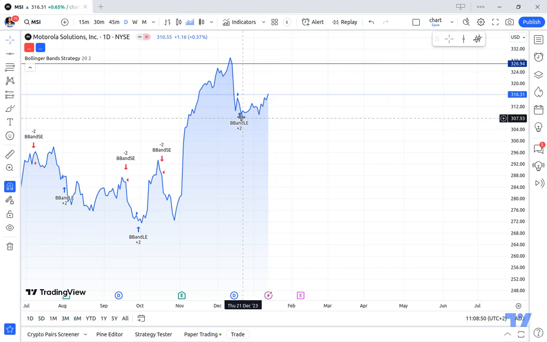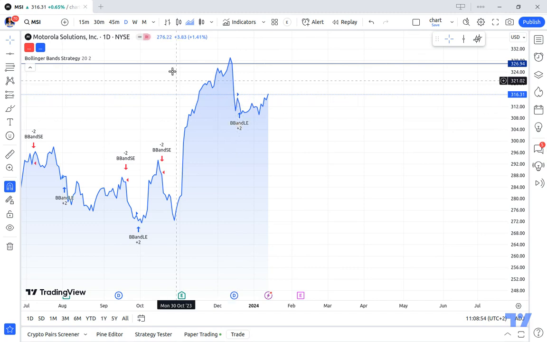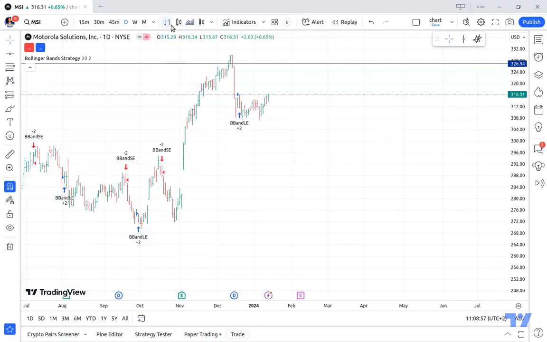You can see the stock for Motorola is actually going to go up there. So Motorola is also a good buy.